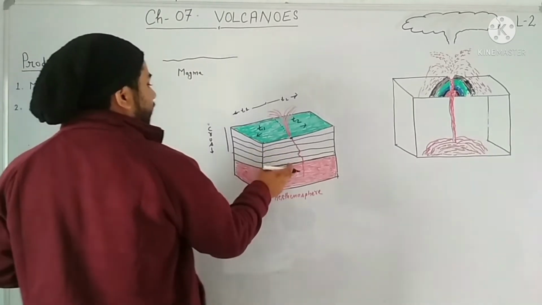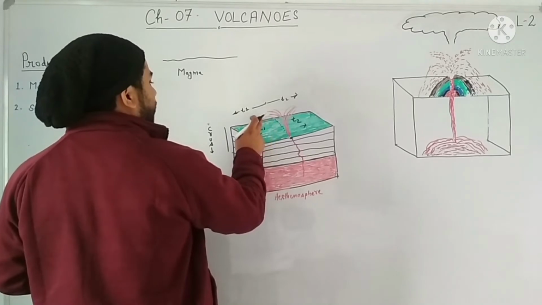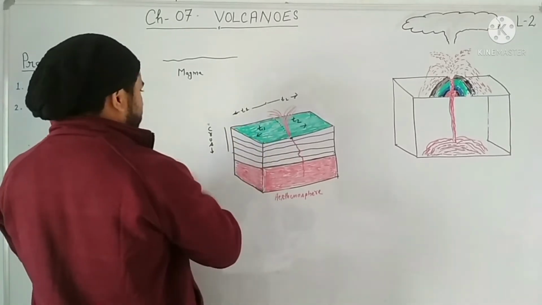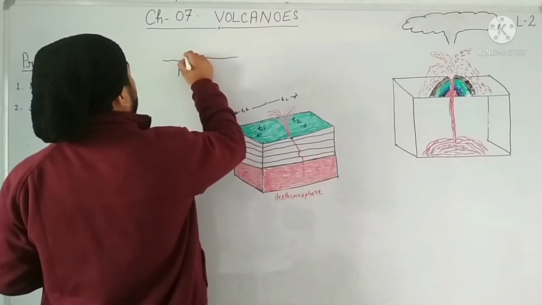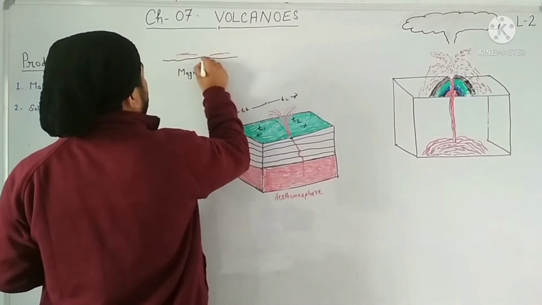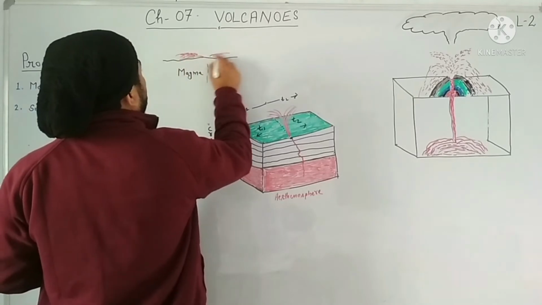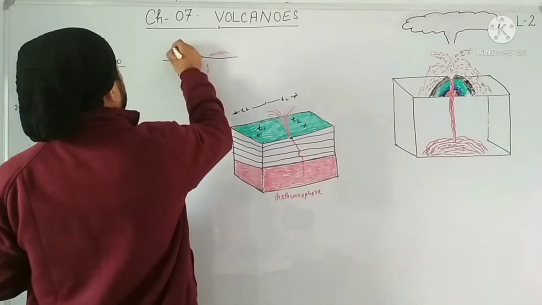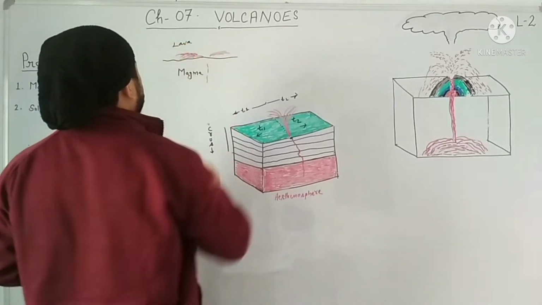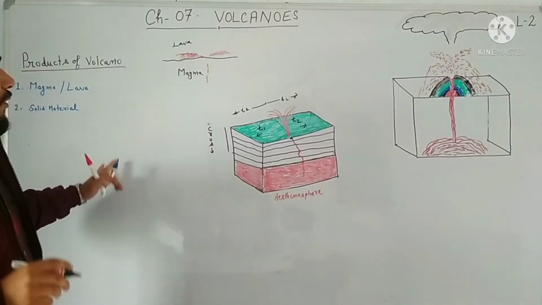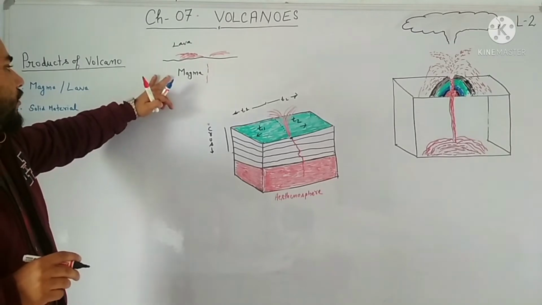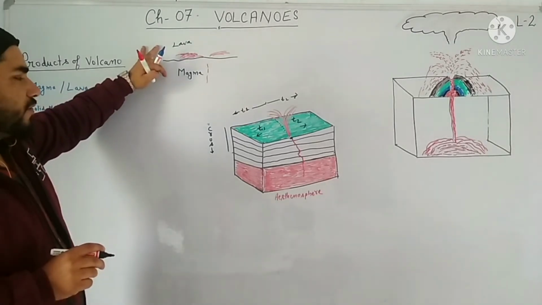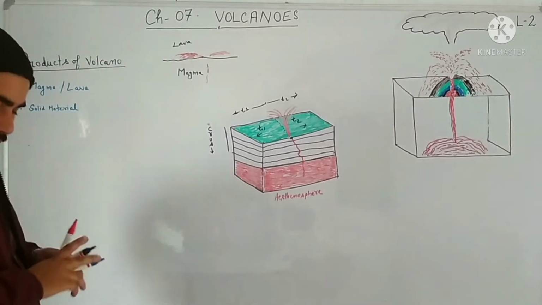And when they come out and get deposited on the surface of the earth, they are called lava, right? So that is the difference: the hot fiery molten rocks inside the earth are called magma, and on the surface of the earth are called lava.